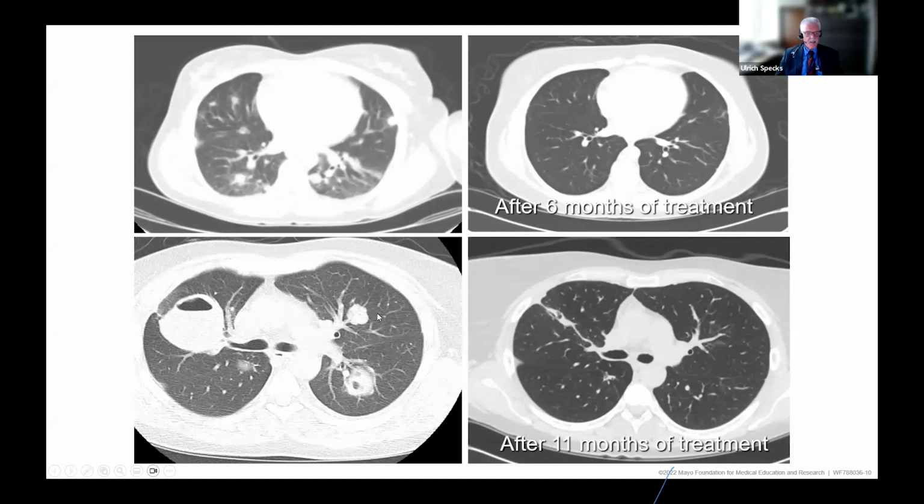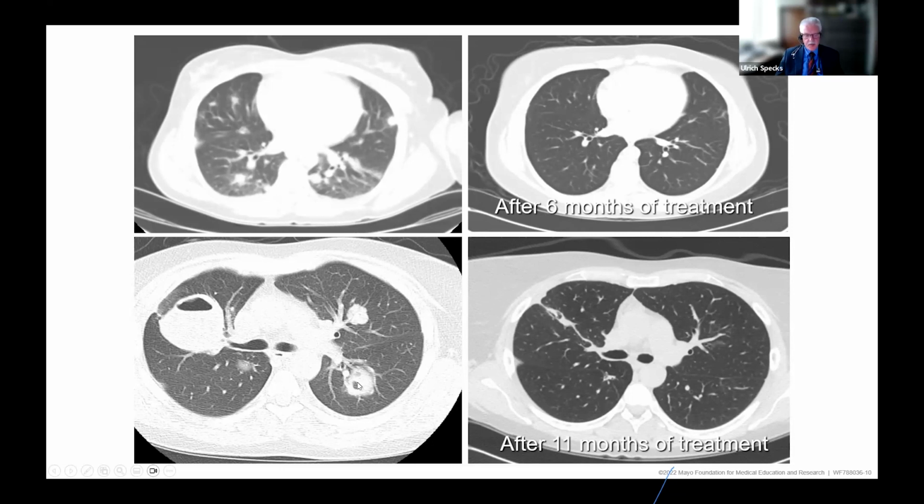Another situation, a different patient on the left lower side here, sometimes these nodules are bigger. And when they get bigger and get access to an airway, the center often contains what we call necrotic material or dead tissue because it hasn't gotten enough blood supply.